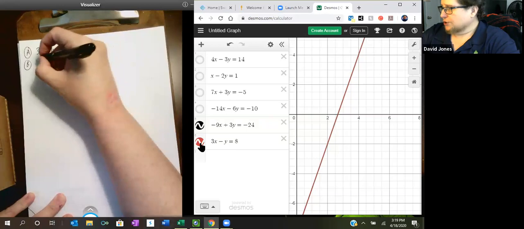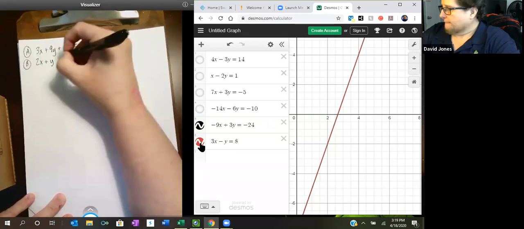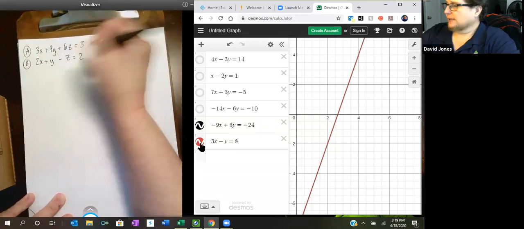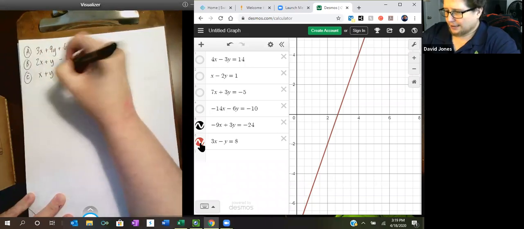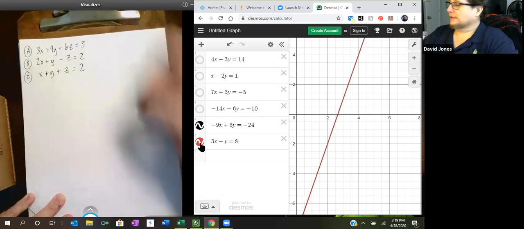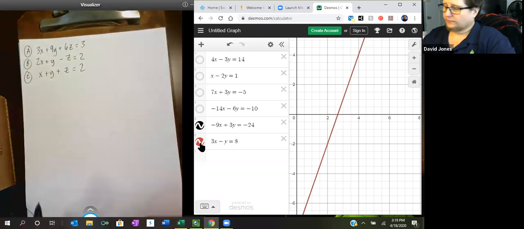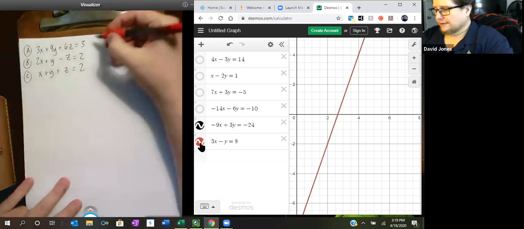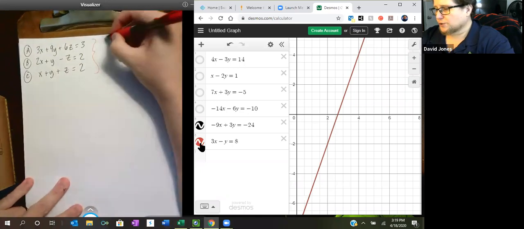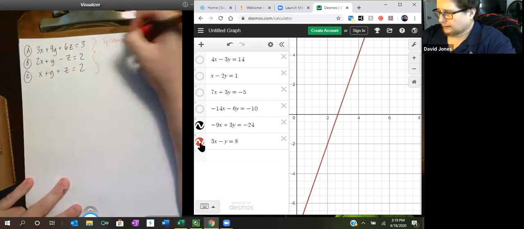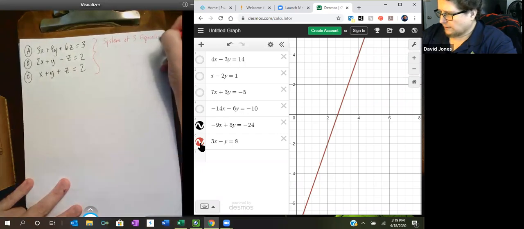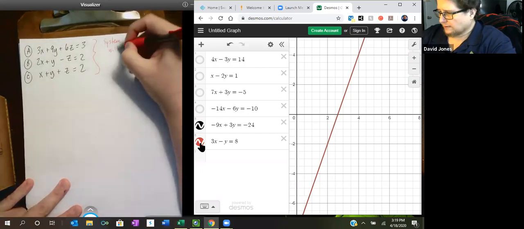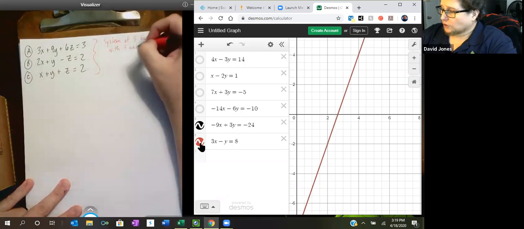B we'll call 2x plus y minus z equals 2. And C, x plus y plus z equals 2. Now, this is a system of 3 equations with 3 unknowns, or 3 variables.